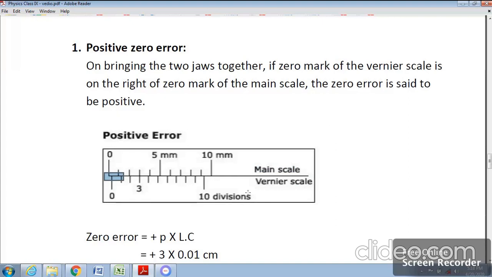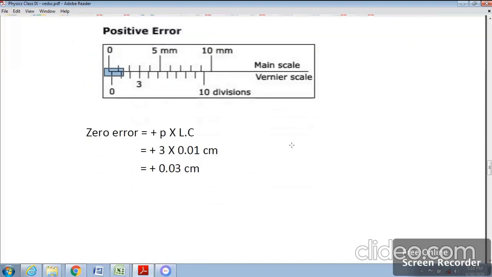This type of error is called positive zero error. As you can see in this diagram, the zero mark of the vernier scale is towards the right of the zero mark of the main scale. So this is called a positive error.